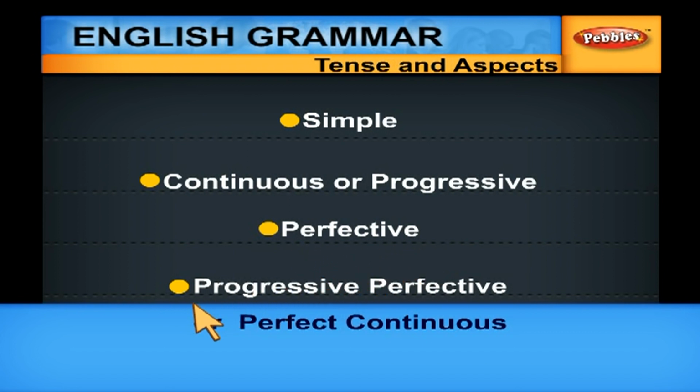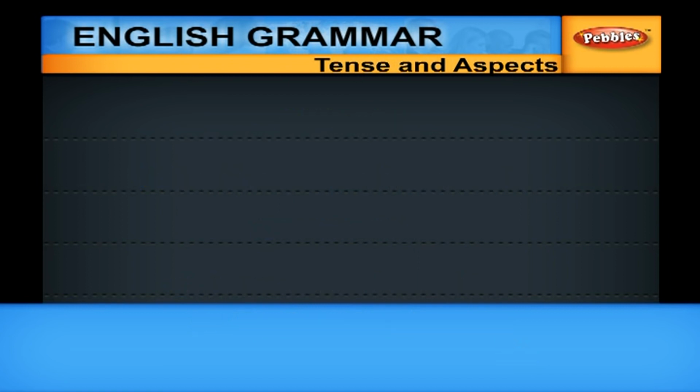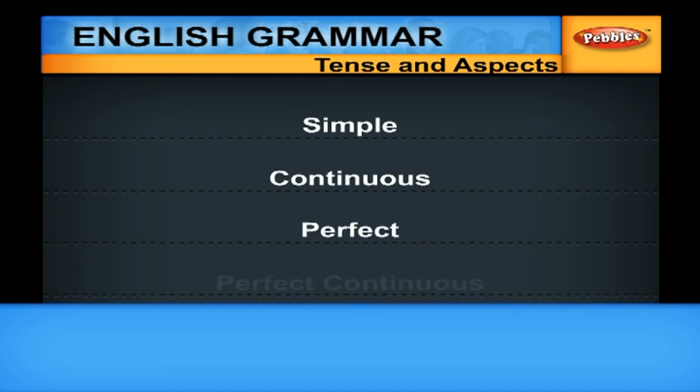And fourth is progressive perfective, or what we call perfect continuous. There are 4 aspects for each tense: simple, continuous, perfect, perfect continuous. We have 12 constructions, 4 aspects for each tense.